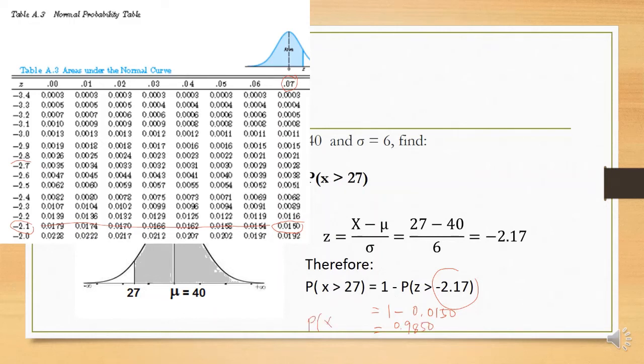So, makikita nyo naman dito sa ating graph, dito sa ilalim, na yung shaded area ay almost nasakop na niya yung buong graph. So, kasi ang area na to is, ang probability, is 98.50. Diba? So, halos 100% na siya.